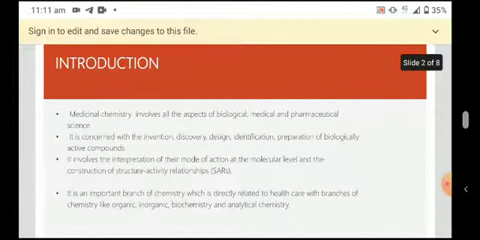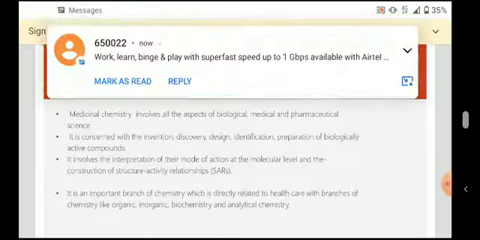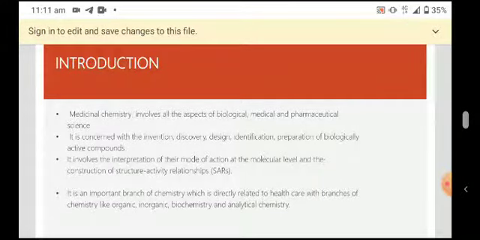Under the introduction, medicinal chemistry involves all the aspects of biological, medical and pharmaceutical science. Second, it is concerned with the invention, discovery, design, identification and preparation of biologically active compounds.